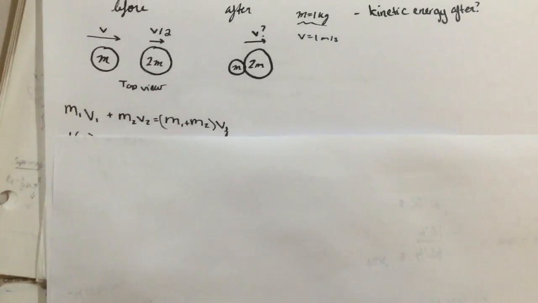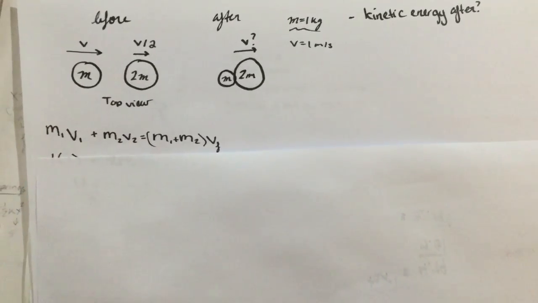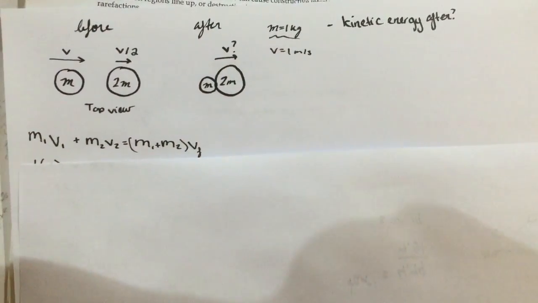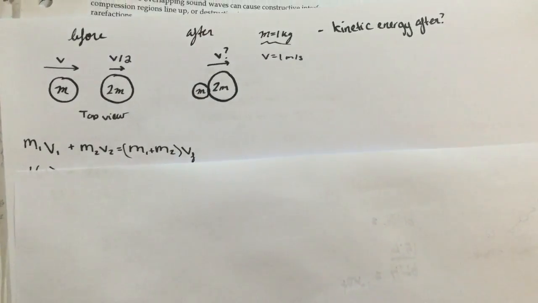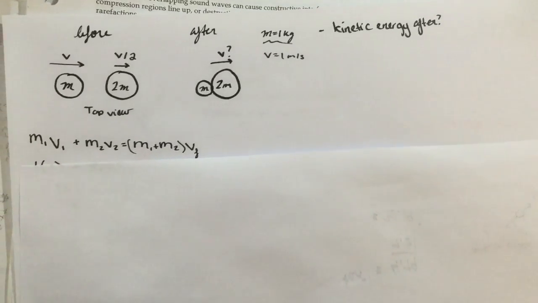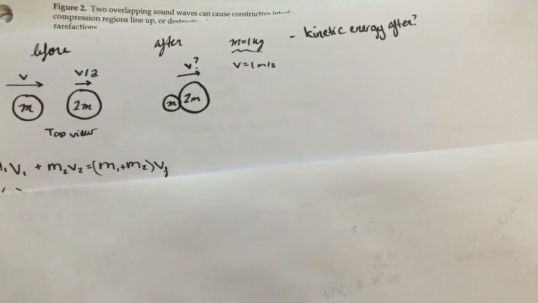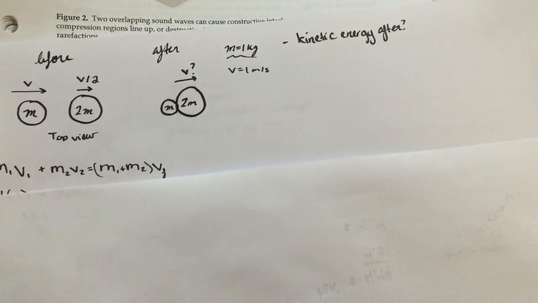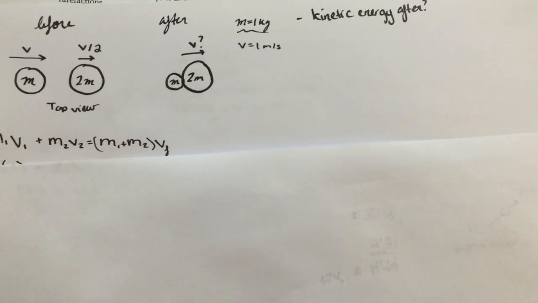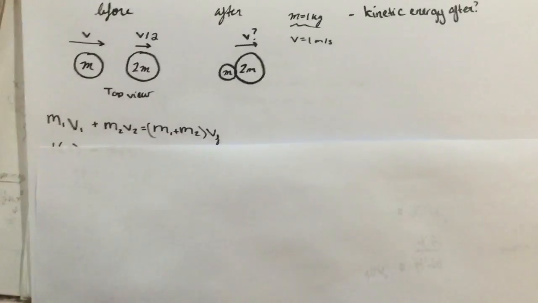So we have mass 1 times velocity plus this mass times velocity, to equal the combined mass times the final velocity. Since they didn't give us any set numbers for the mass or velocity, we could plug in 1 for the mass and 1 for the velocity.